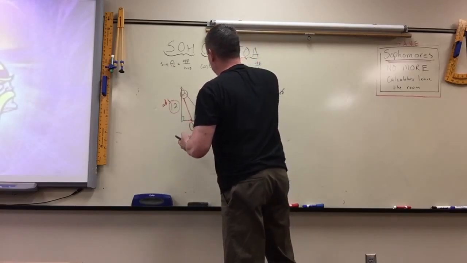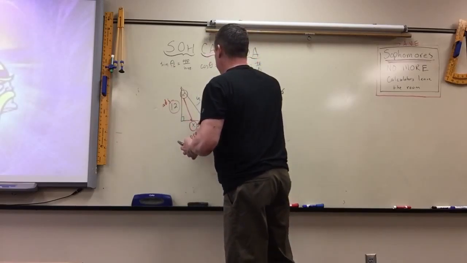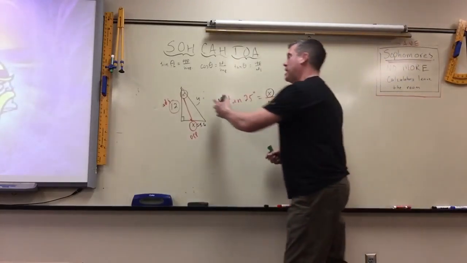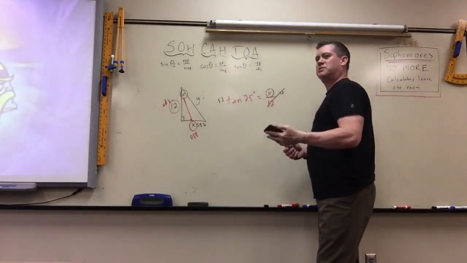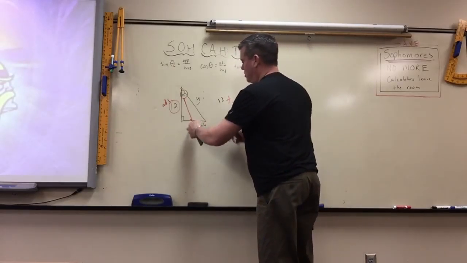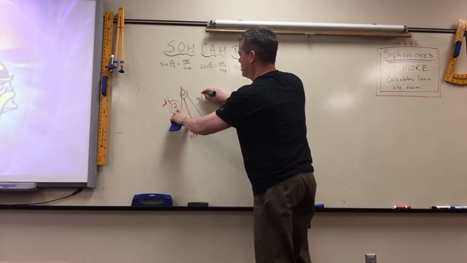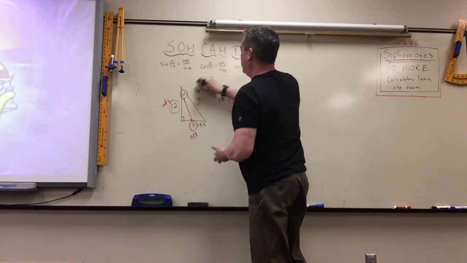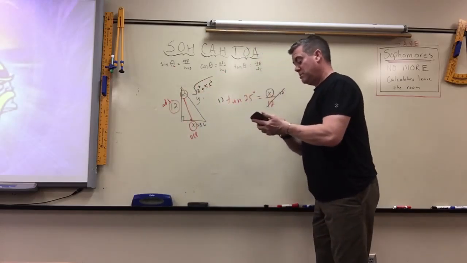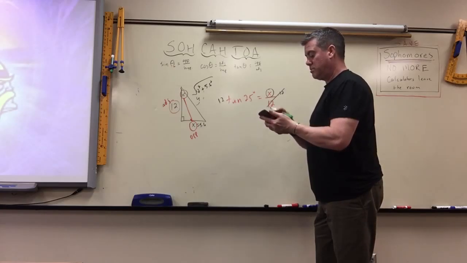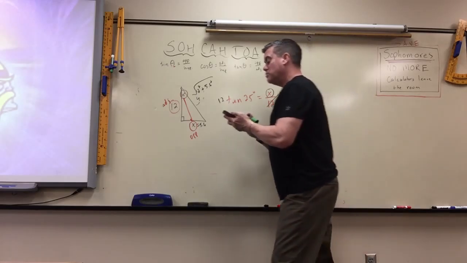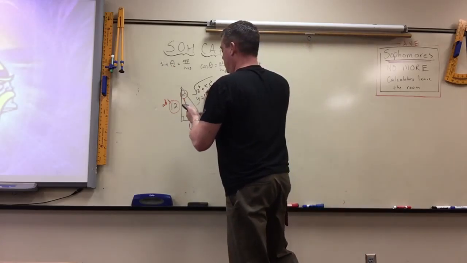Oops, I wrote the wrong one. Then, to find the hypotenuse, you could write another trig function, or you could just take the Pythagorean theorem. Since it's the two legs, you go 12 squared plus 5.6 squared and square root it. Rounded to the nearest tenth is 13.2.